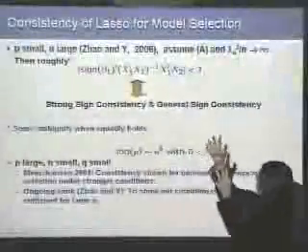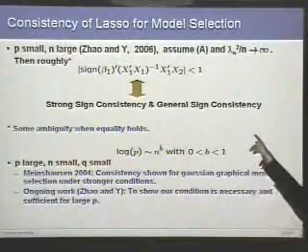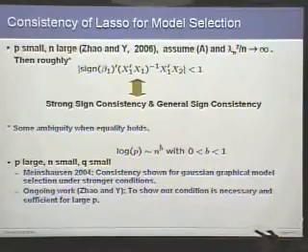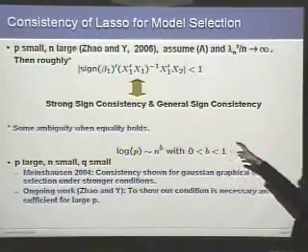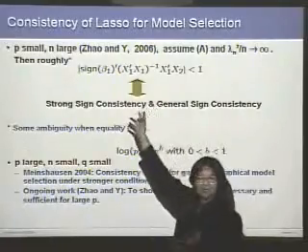So we basically came out with an almost necessary and sufficient condition, which depends on the design. X1 is the design, the feature columns which are the relevant ones, and X2 are the features which are irrelevant. If you forget about the sign, because in real life you don't know it, you might just want to remove it, because it depends on the true model.